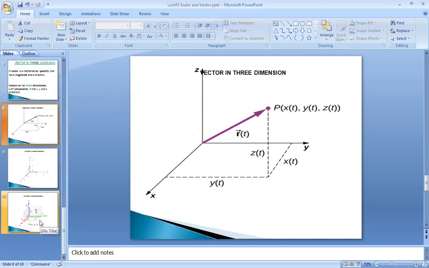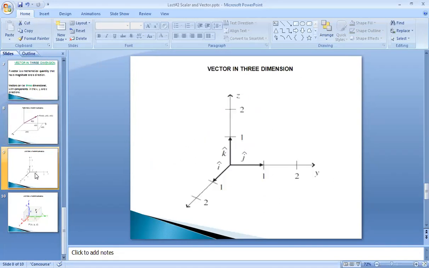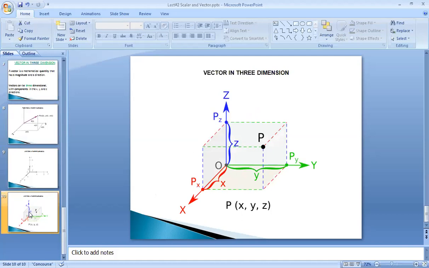And another good example: i, j, k is the direction vector along the x, y, and z axes. This is the final slide, very clearly shown here.